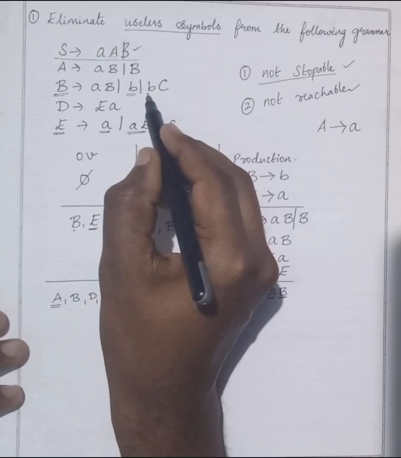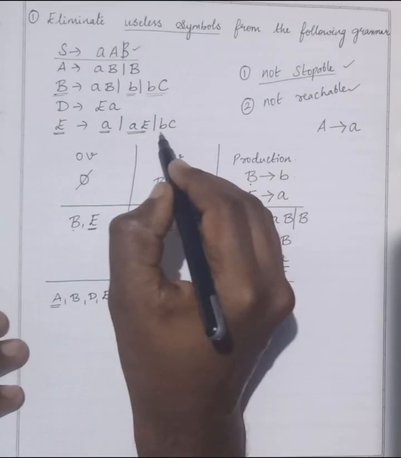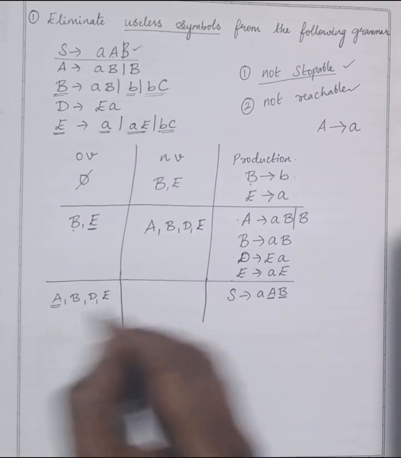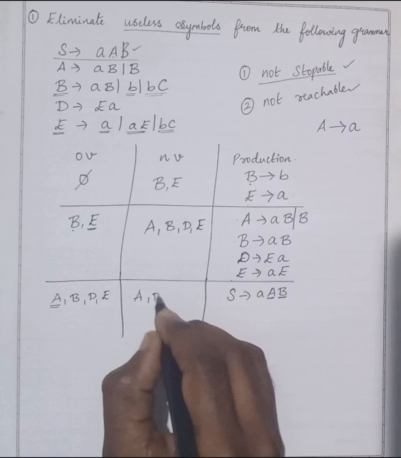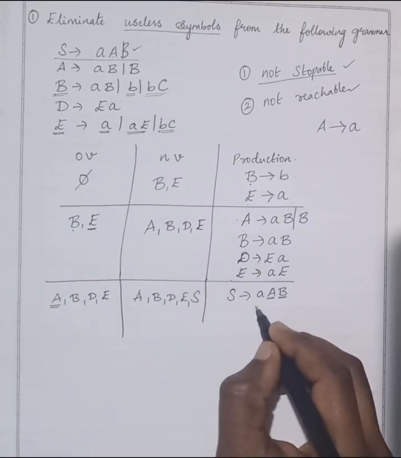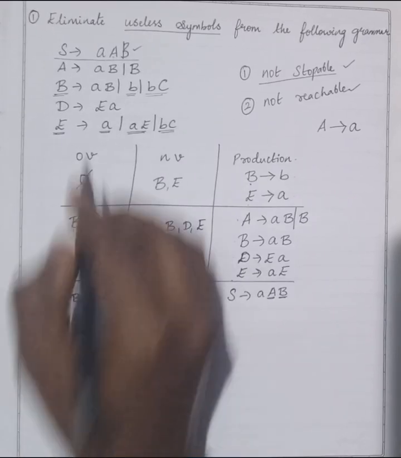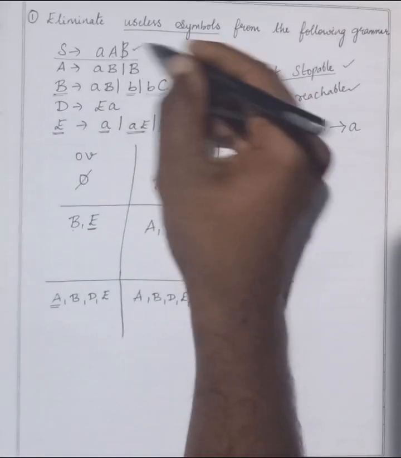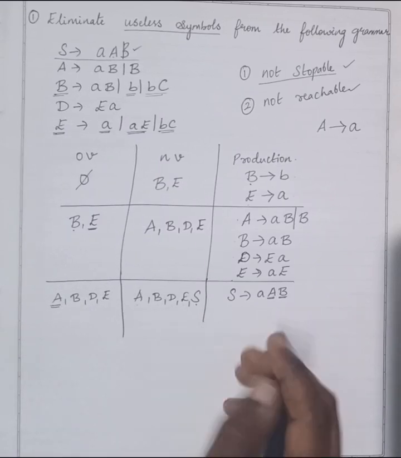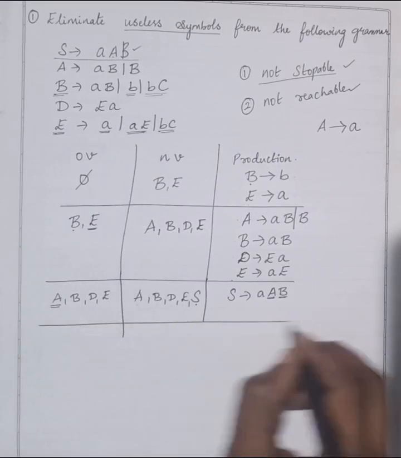Again, left out is BC, so we are not able to do anything. Again, here also left out is BC. We are not going to do anything for that one. So we'll stop here. The old variables and the new variable we got are A, B, D, E, comma, S. Okay, now we got a new S. Again, S is not there anywhere to continue the process. Already A, B, D, E, everything is considered, so we'll stop this step.